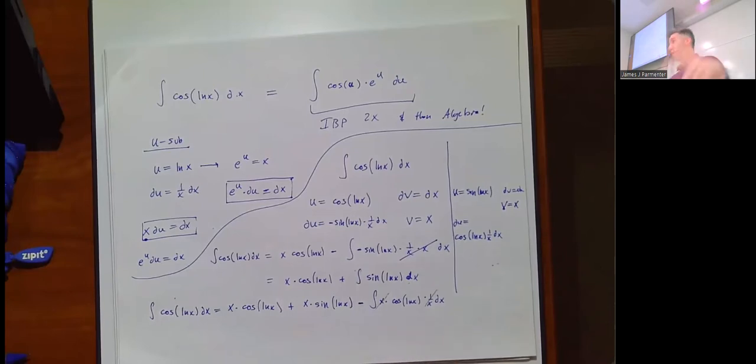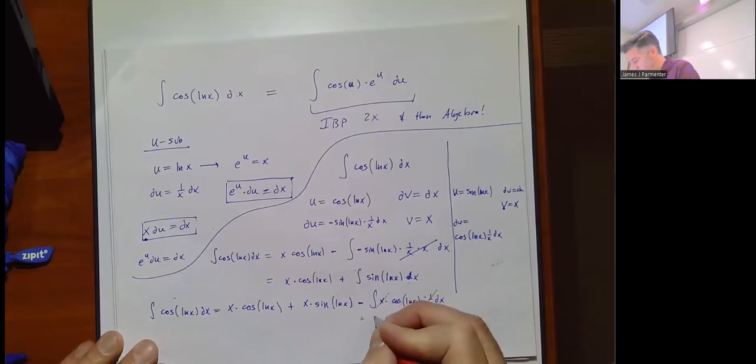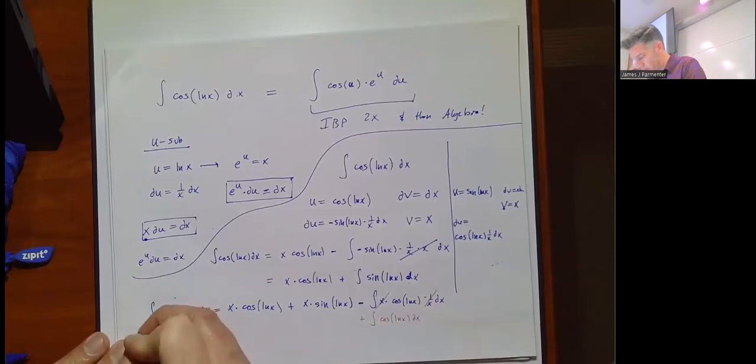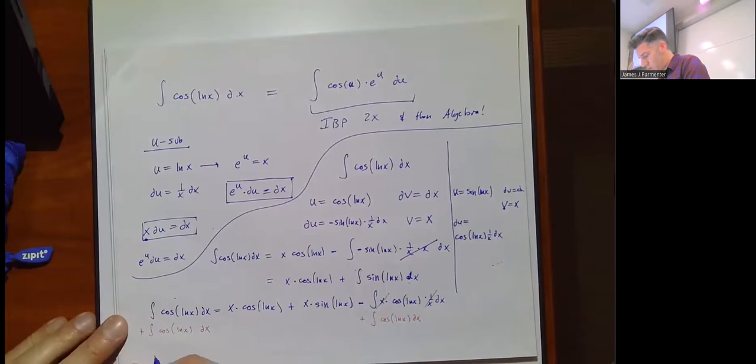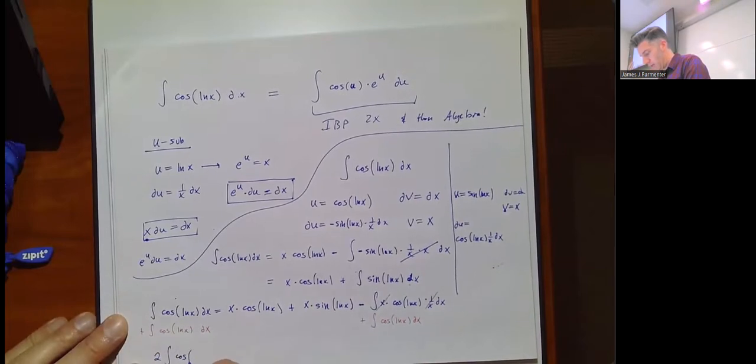And that's where you don't keep going. We add it to both sides. Here we happen to have a nice case where we just add 1 of it to both sides. So I'm going to add the integral of cosine of natural log of x dx to both sides. If you add something to itself, you just have twice of it. So I'm going to have 2 times the integral of cosine of natural log of x dx equal to x cosine of natural log of x plus x sine of natural log of x.